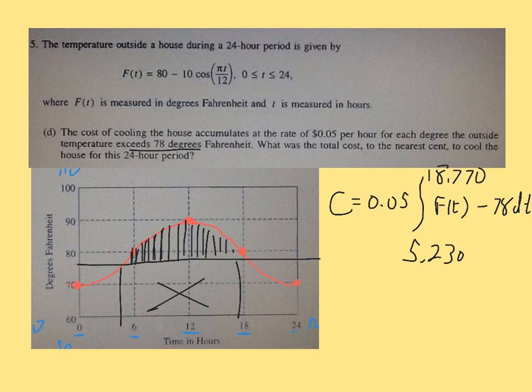I'm going to put in all of this in my calculator. So I'm going back to y equals, and I have 80 minus cosine of pi x divided by 12, and then I need to subtract 78. Now that's what I want to graph.